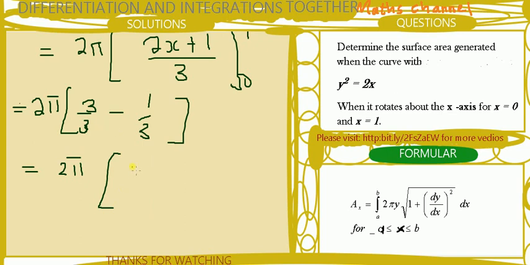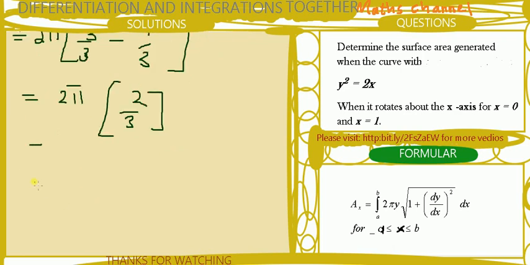Adding this one, it's 2 over 3, then times 2, the answer is 4 pi over 3 square units.